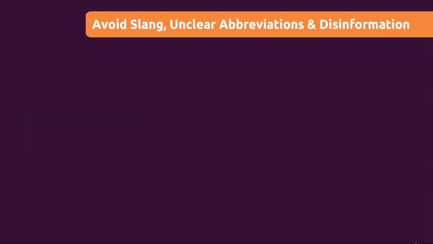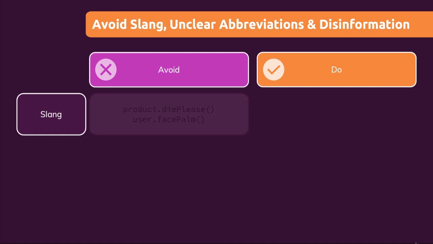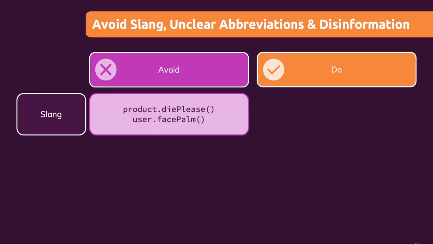Also avoid slang, unclear abbreviations, and disinformation. You want to avoid slang like this, for example. It might be funny to you, it might make sense to you, maybe also to you and your team, but overall it's not too helpful. And if I dive into this project and I have not been part of the team right from the start, I don't immediately understand what these methods are doing.